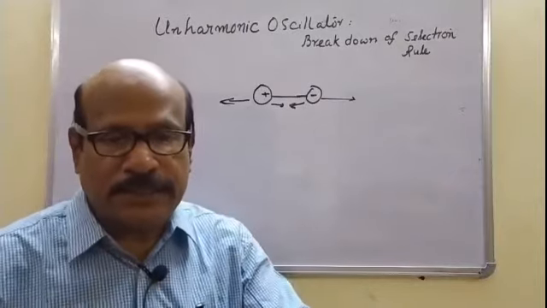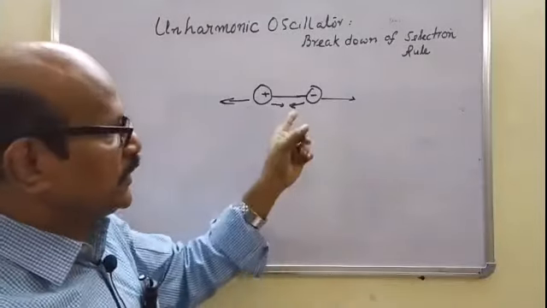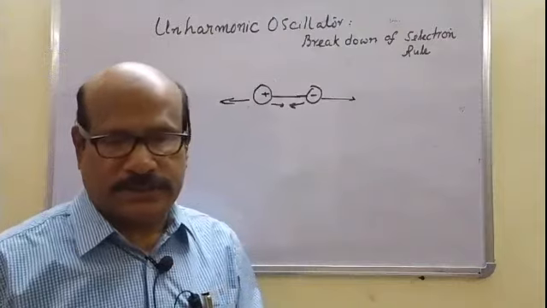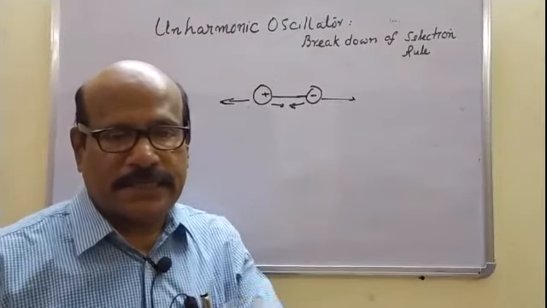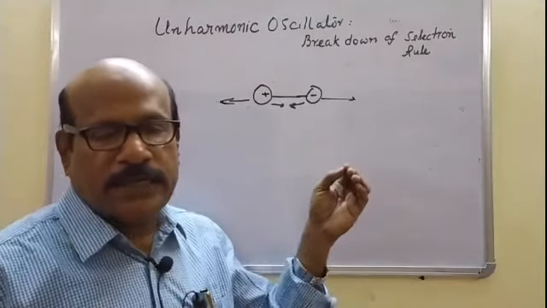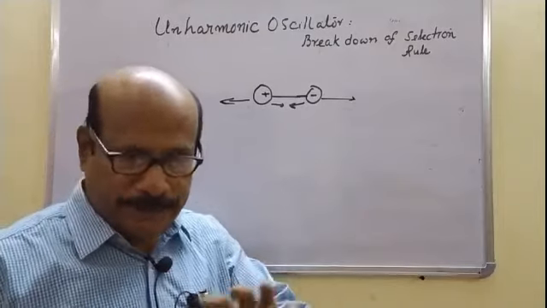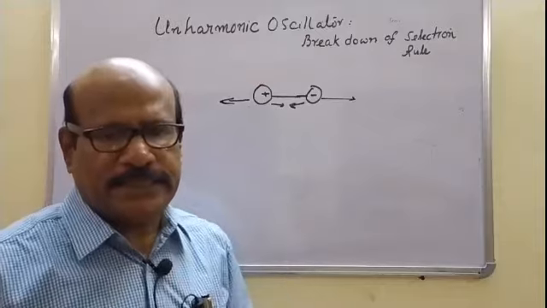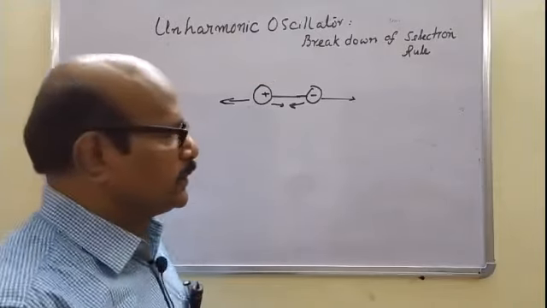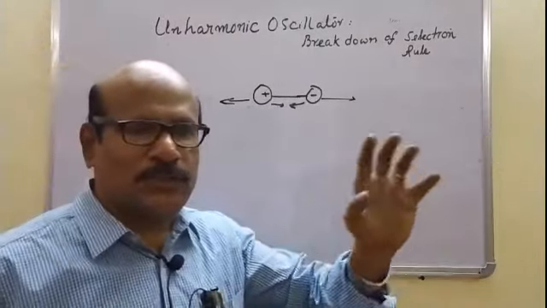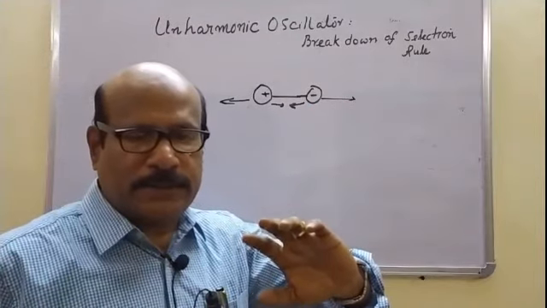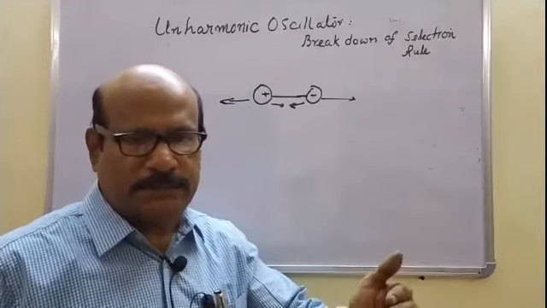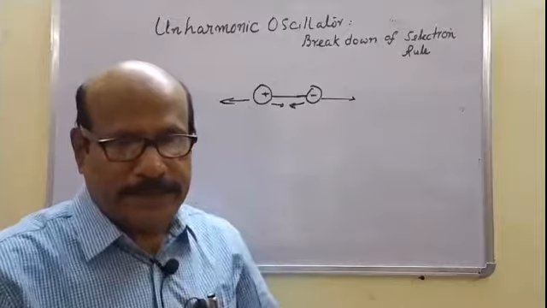That is, the increase in the potential energy during the stretching of the bond from the equilibrium position is slightly lesser than that of the ideal case. So there is some degree of anharmonicity in a molecule. Suppose a molecule is stretched beyond a particular limit, it will break into atoms.